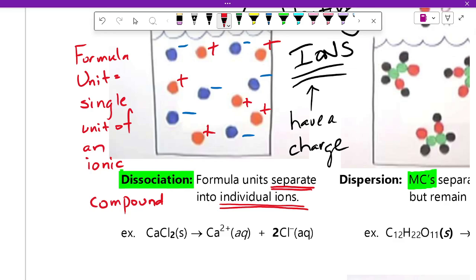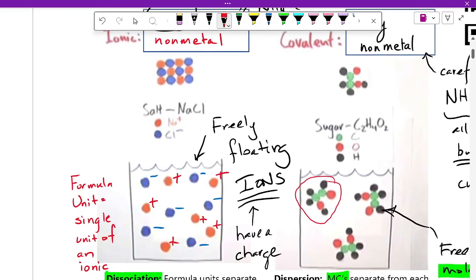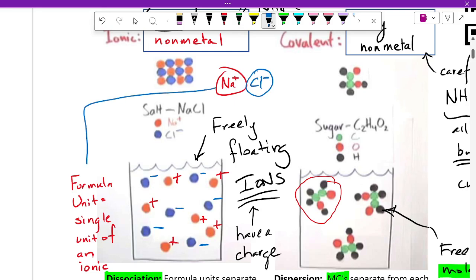Okay? So here is a sugar molecule. That's a covalent compound. All the atoms stuck together are a molecule. If we had sodium chloride and we just had one sodium and we just had one chloride, that would be a formula unit. But you can never find that in nature.